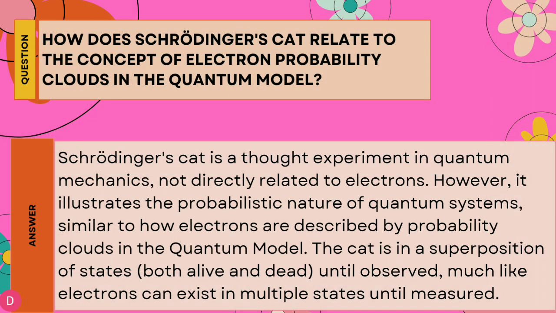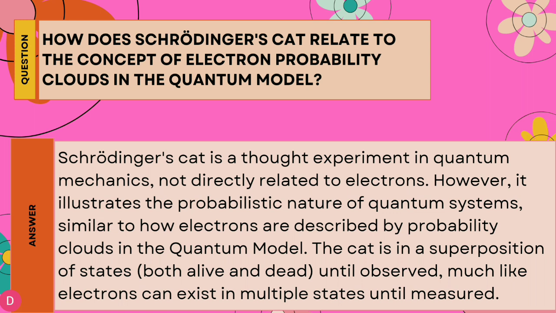The question was, how does Schrödinger's cat relate to the concept of electron probability clouds in the quantum model? The answer is, Schrödinger's cat is a thought experiment in quantum mechanics, not directly related to electrons.